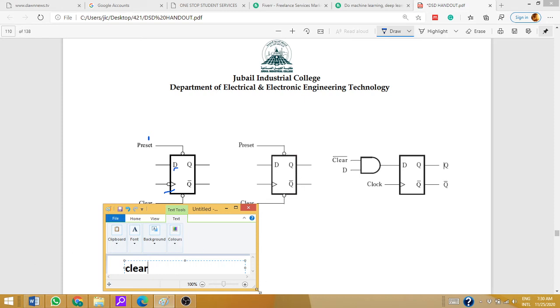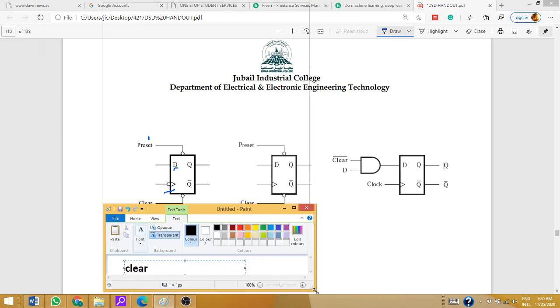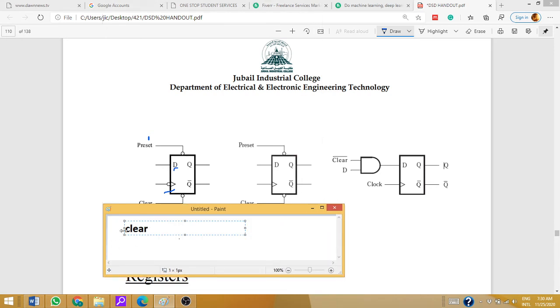Let me enlarge it so that it becomes clearer. Where has it gone?